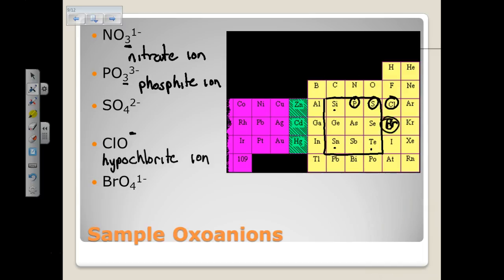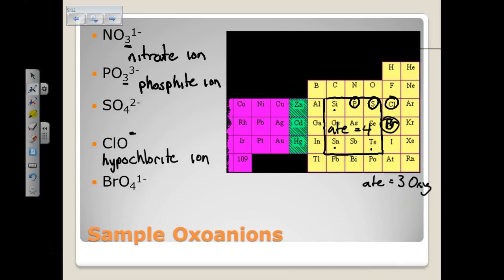Now bromine. I don't know why this periodic table is bad, but that should be a Br there. That Br is outside the box again. So if it's outside the box, 8 is 3. Here, inside the box, 8 equals 4 oxygens. This is the number of oxygens. So this has not 3, but more oxygens.